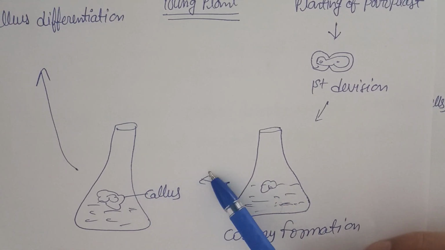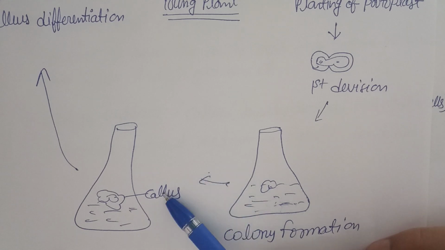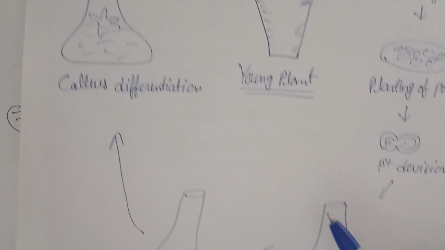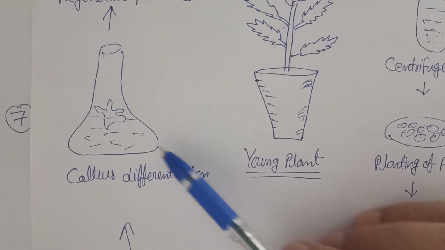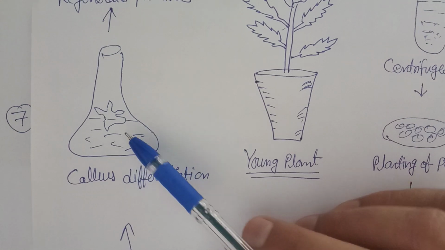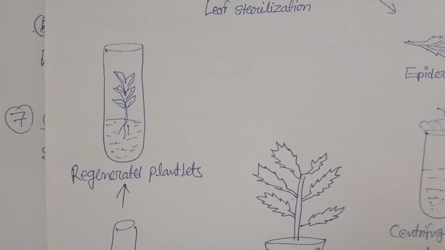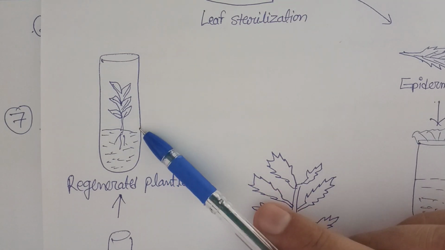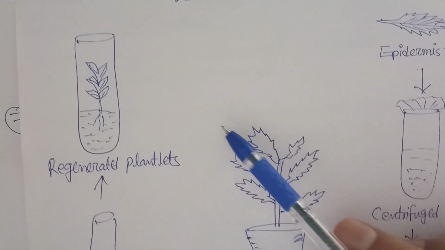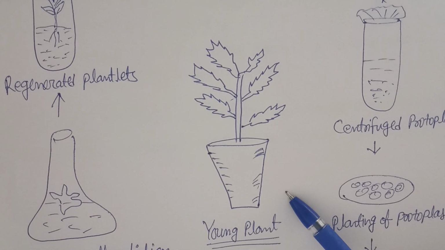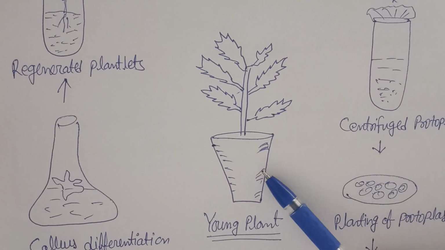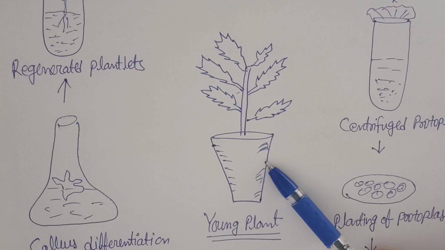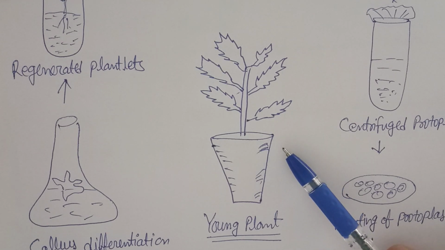In the same way, after further days in the incubation period, we are going to observe callus differentiation in the same conical flask. Then it is going to generate plantlets, and these plantlets ultimately give you young plants that can be planted into a proper pot or transplanted into the open field, right?